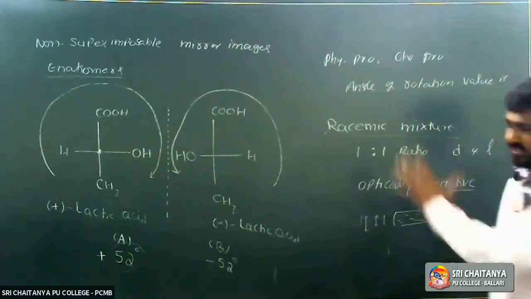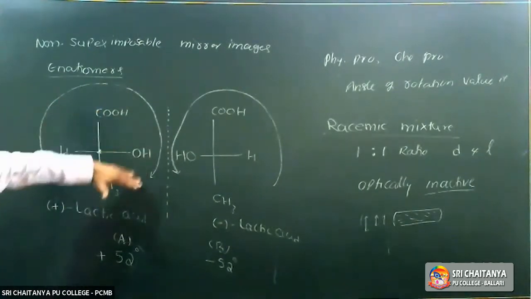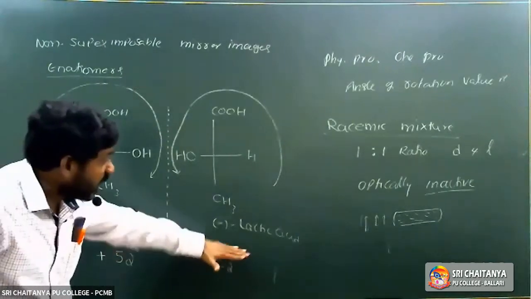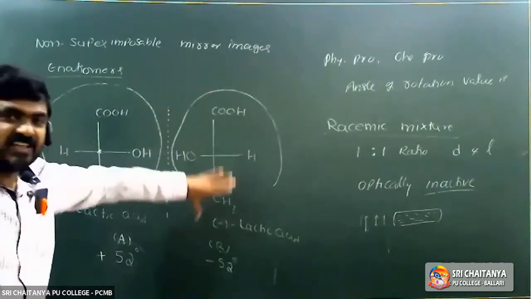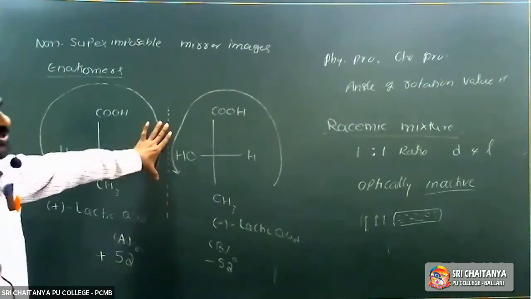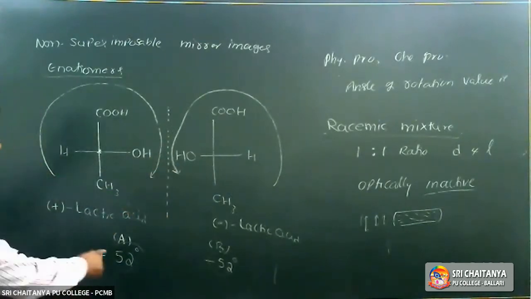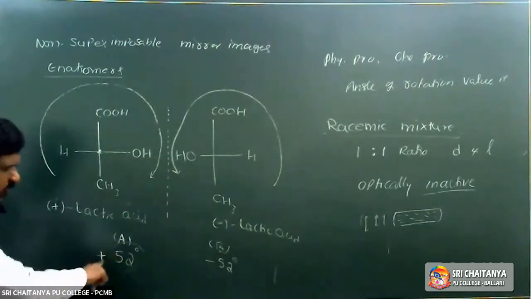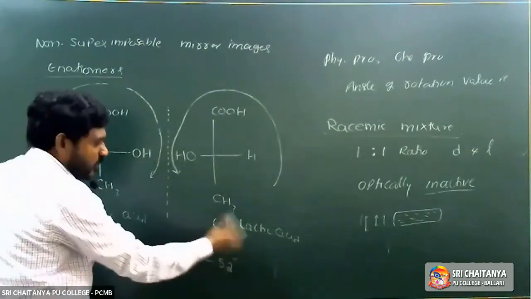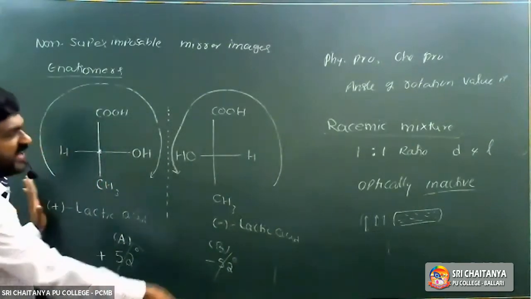Whereas the dextro compound, the first compound A, is a dextrorotatory compound and rotates plane polarized light. Its mirror image B is a levorotatory compound, and L also rotates plane polarized light individually. But if you take a 1:1 ratio, a racemic mixture, it is optically inactive, because A rotates the plane polarized light clockwise by 52 degrees, and its mirror image rotates by -52, so plus 52 and minus 52 get cancelled.